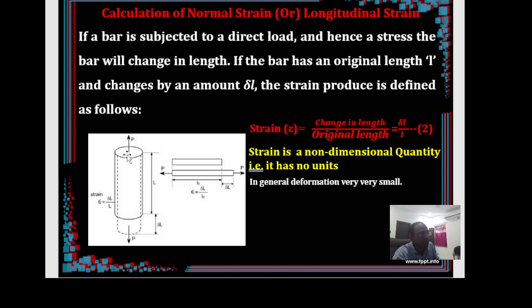Here it is called normal strain because the load was acting perpendicular to this circular cross sectional area, or in this case a rectangular cross sectional area. And of course it is well known that since it is a ratio, it has no units, right?